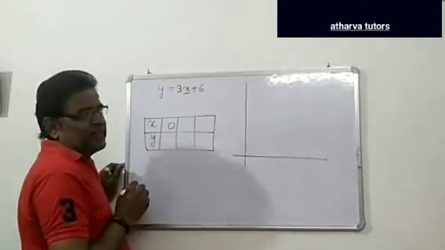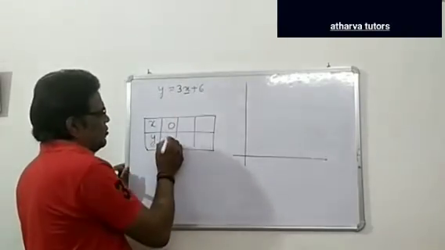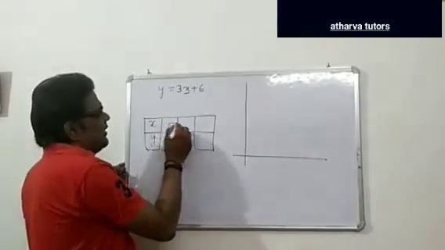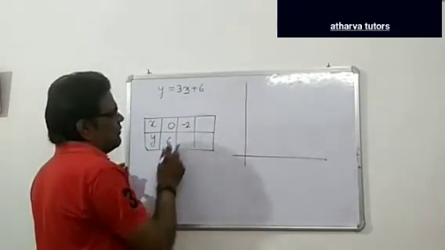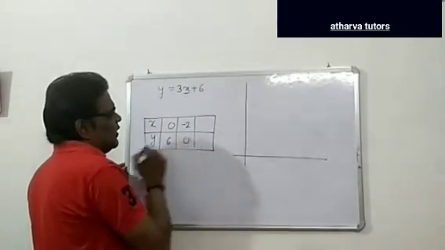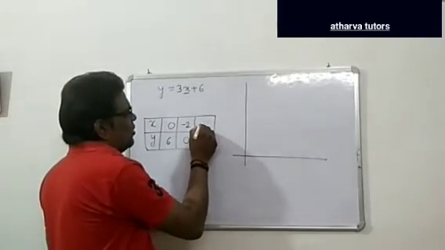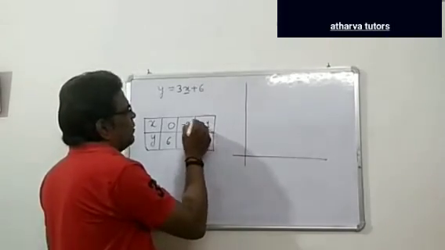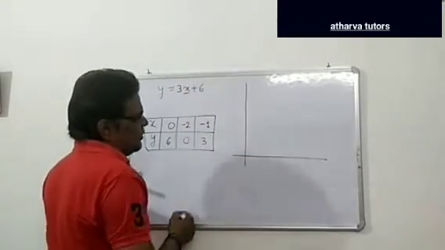Now if I put x equals 0 in this equation, I will get y equals 6. If I take x equals minus 2, it will become minus 6 plus 6, that is y will become 0. Even if I take x equals minus 1, what will I get? Minus 3 plus 6, I will get 3.